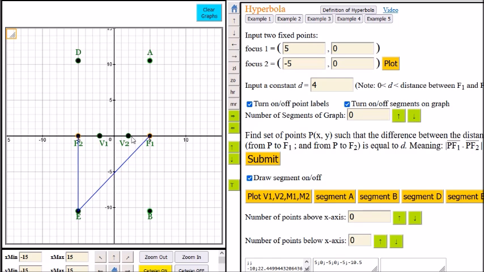And then for V2, the distance from V2 to F1 is 3, the distance from V2 to F2 is 7, and therefore the difference is 4. And that's what we want. We want all points such that the difference between the distances from the point to F1 and F2 is equal to 4. And here are the other points.